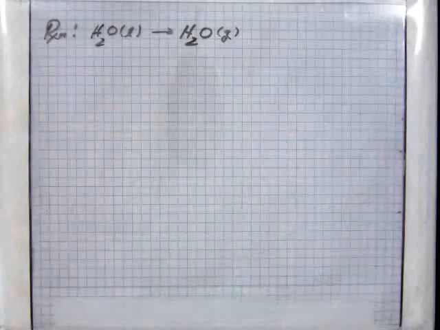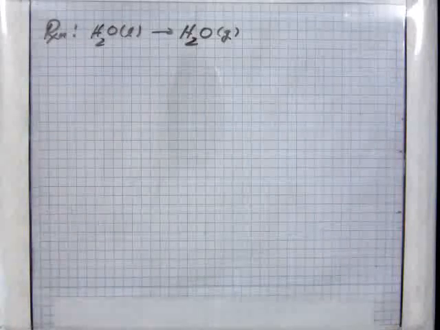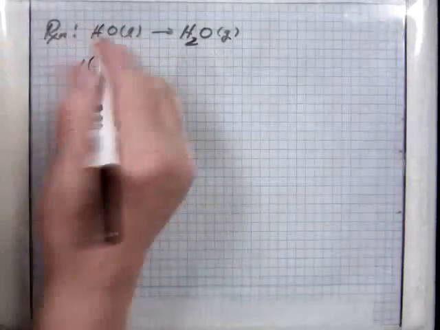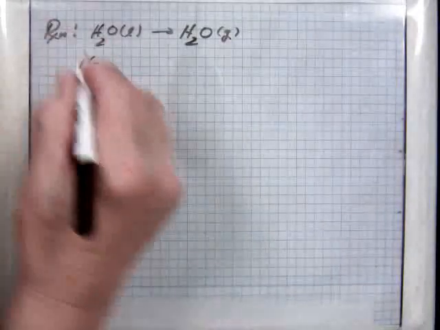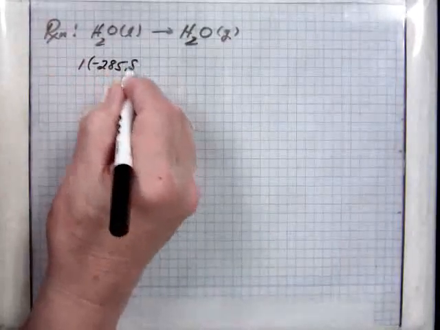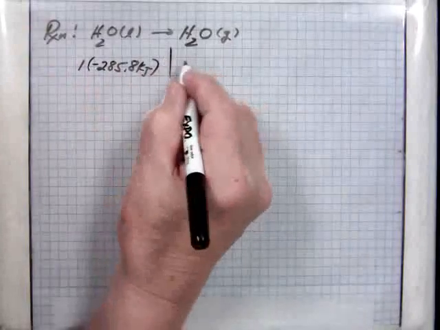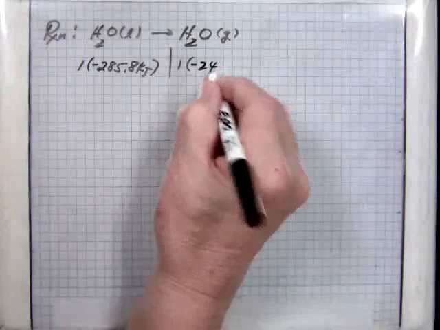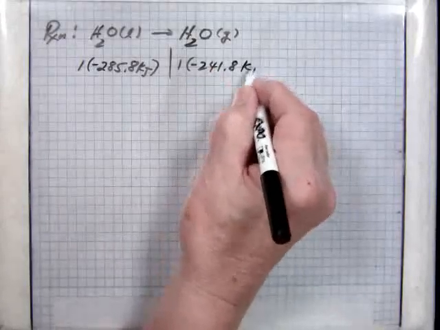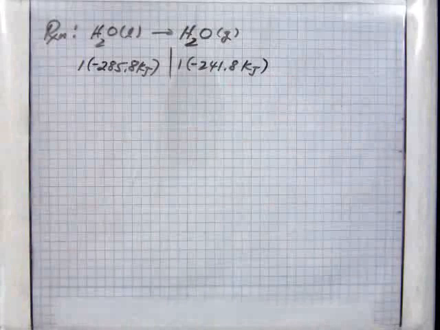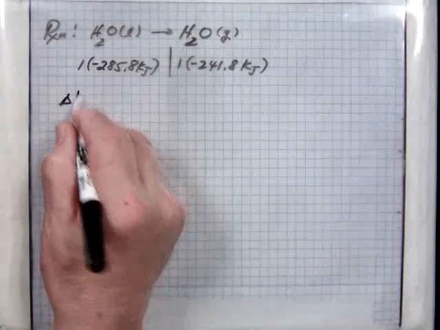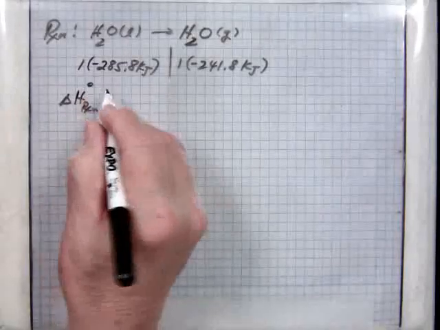So when we look up water in the liquid phase, we have 1 mole times a minus 285.8 kilojoules, and we have 1 mole in the gas phase, 241.8 kilojoules, like that.